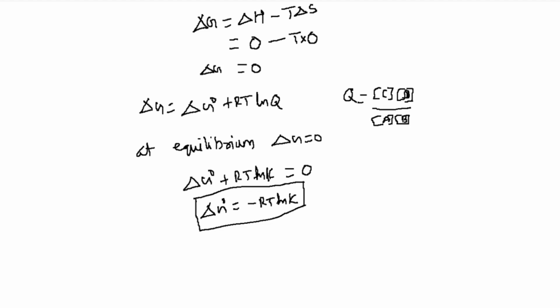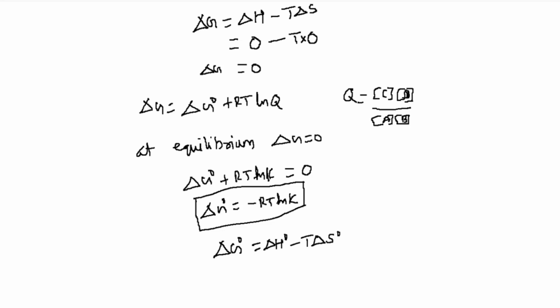What is this delta G naught? It is the standard free energy change, so the free energy change for a chemical reaction at the standard condition. This standard free energy change can also be written like this. Delta G naught is equal to delta H naught minus T delta S naught.